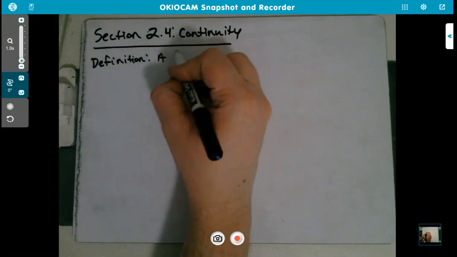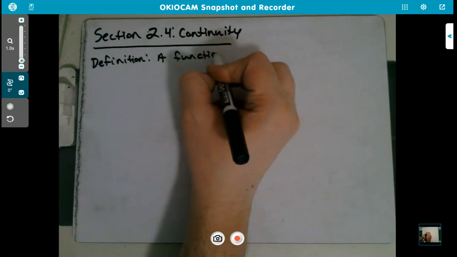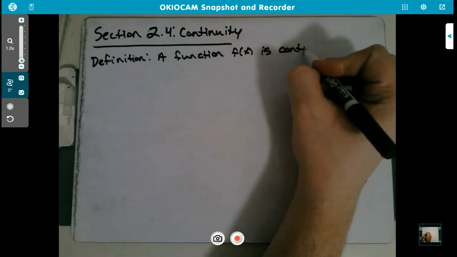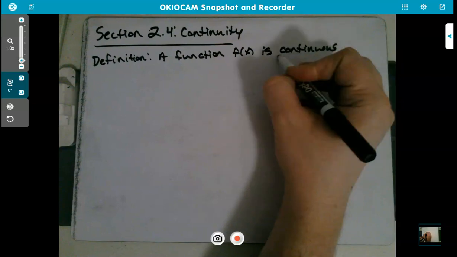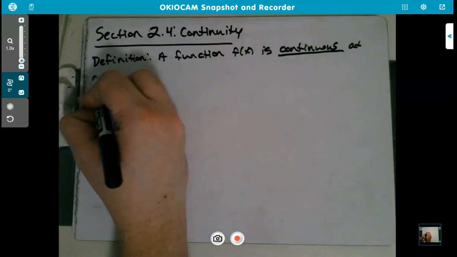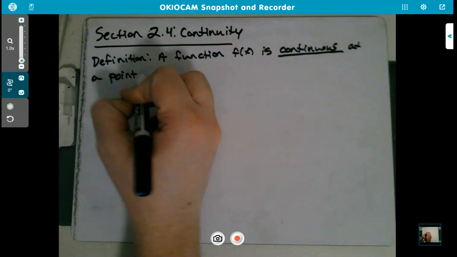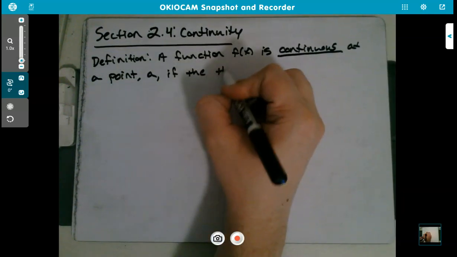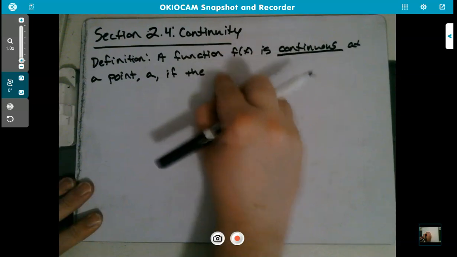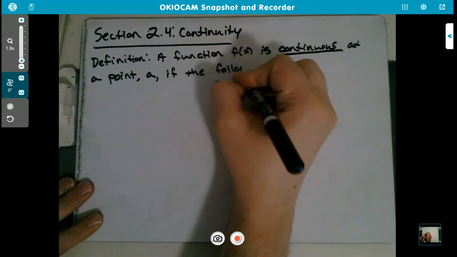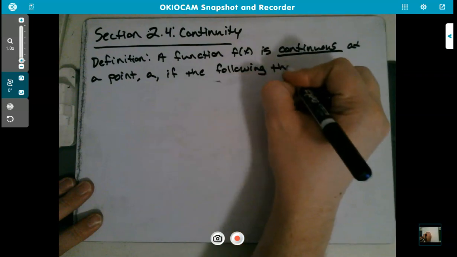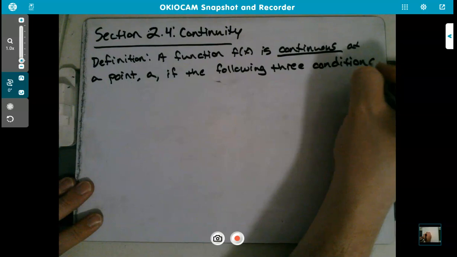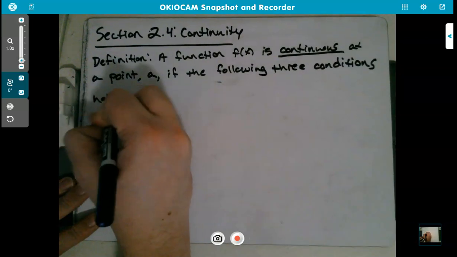A function, f of x, is continuous at a point, we'll just call it A, if the following three conditions hold. So they have to all be true. There's going to be three things, and they have to all be true.